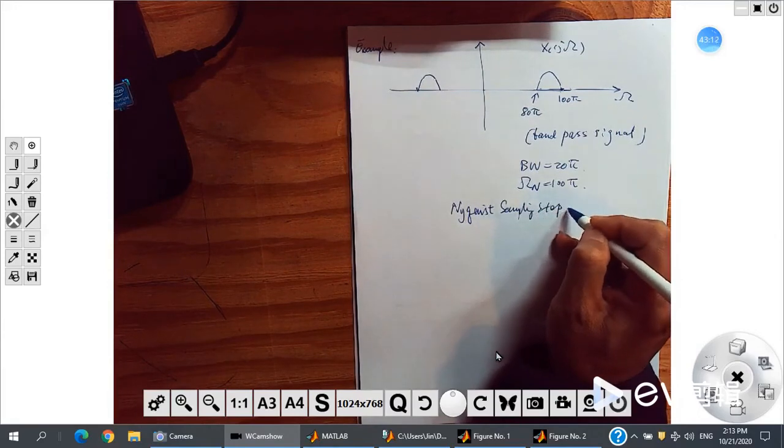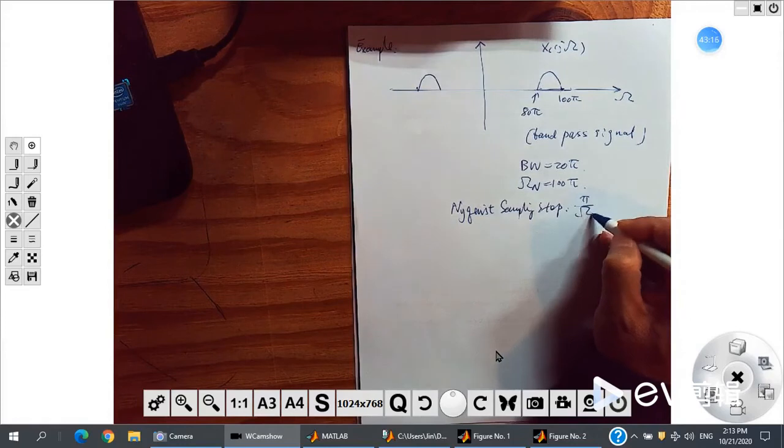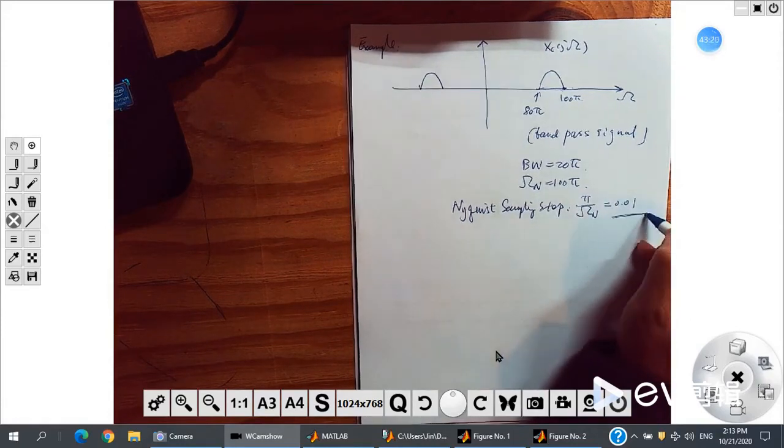I still use pi over omega n, which is now 0.01. You can still use this to take samples, but you can also use some larger step to take samples.